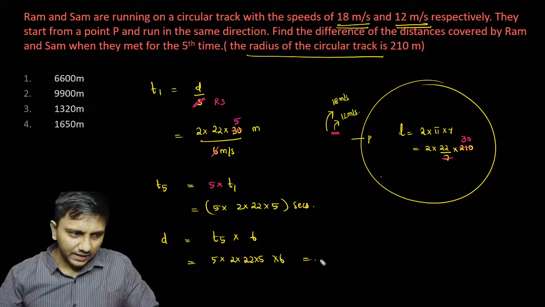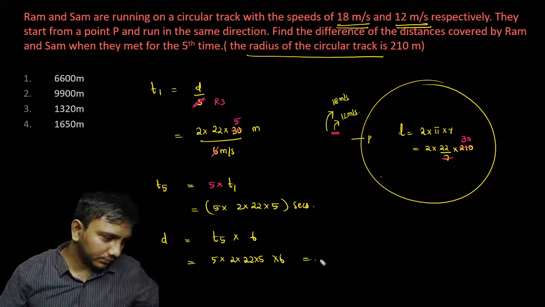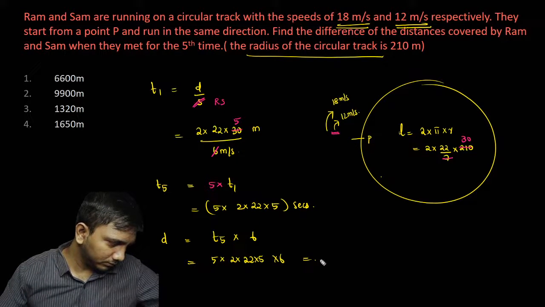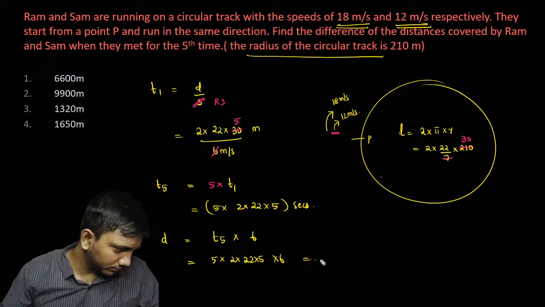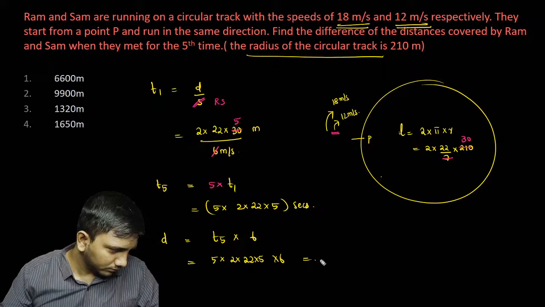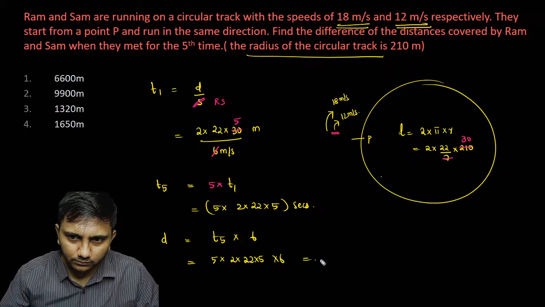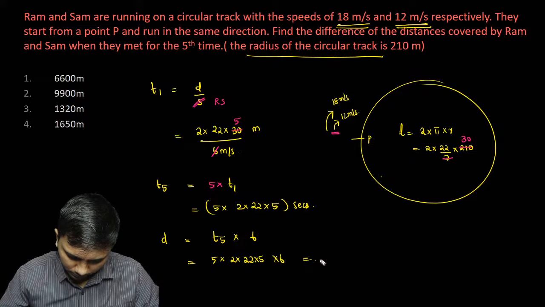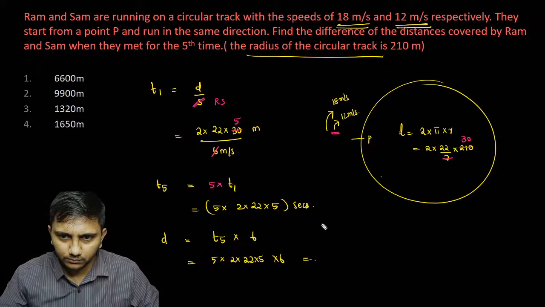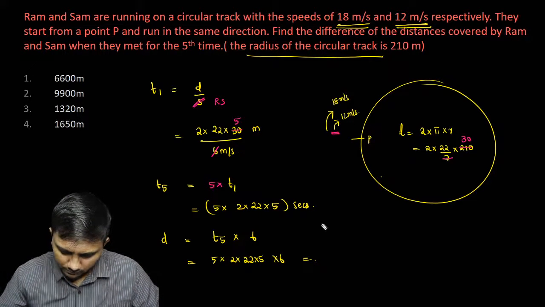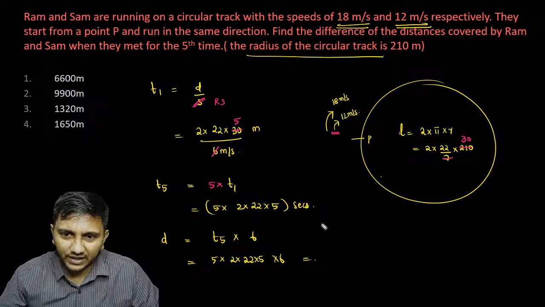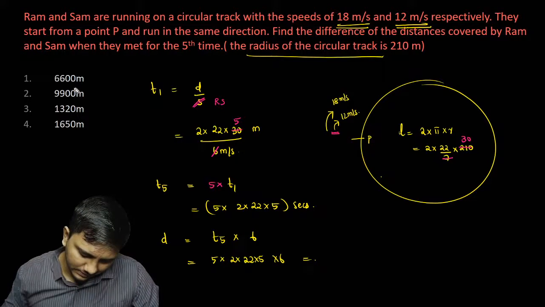So what is that leading us to? What is the final answer coming to? 6600. Just multiply this.